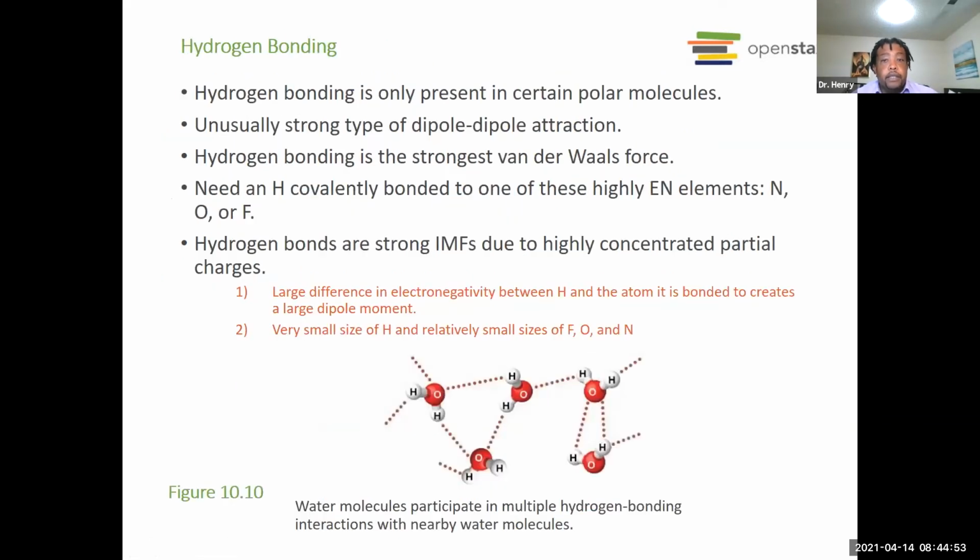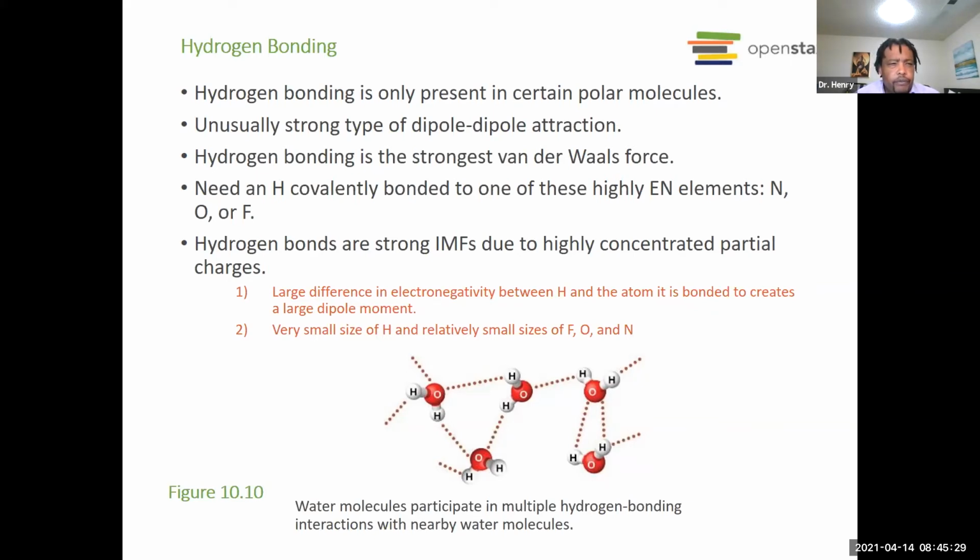We've talked about hydrogen bonds, right? So water is the example of hydrogen bonds. Now, this here is kind of important because we know that hydrogen bonds are, again, dipole-dipole, but they're stronger because of the electronegativity that's involved. Since there's such a large difference in electronegativity between hydrogen and nitrogen, oxygen, and fluorine, the strength of the hydrogen bond is greater than that which you see with a normal dipole-dipole attraction.